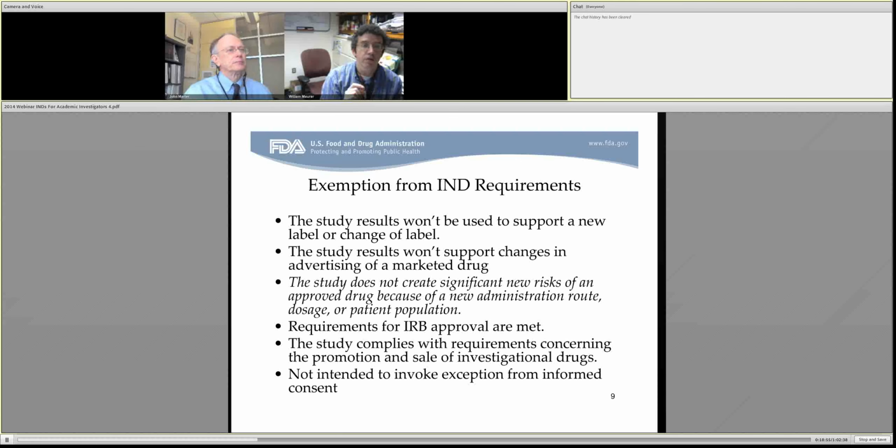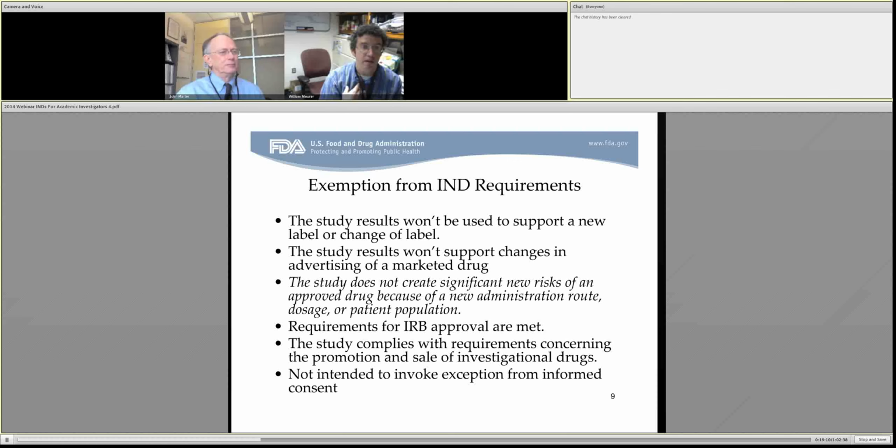Well, I think one other thing is that oftentimes, as an investigator at an academic institution, I may try to make that decision, but in reality, I'm not going to make that decision. My institution's IRB is going to make that decision.